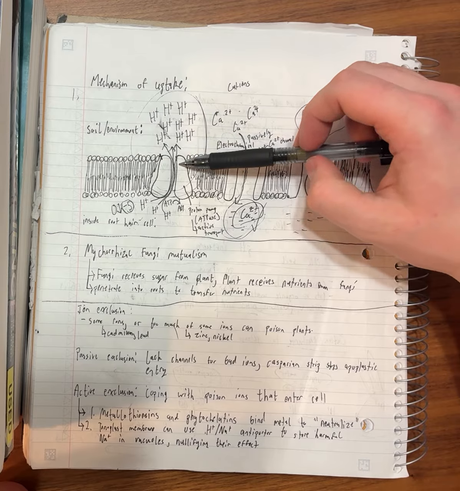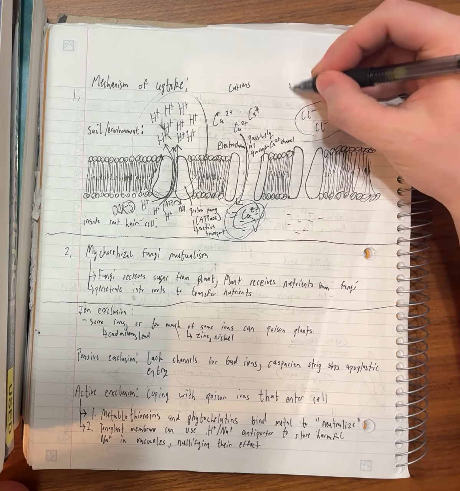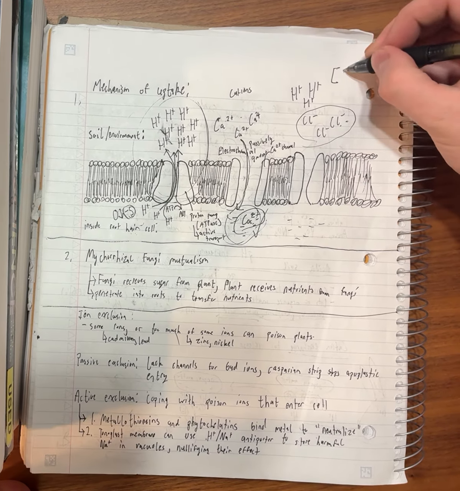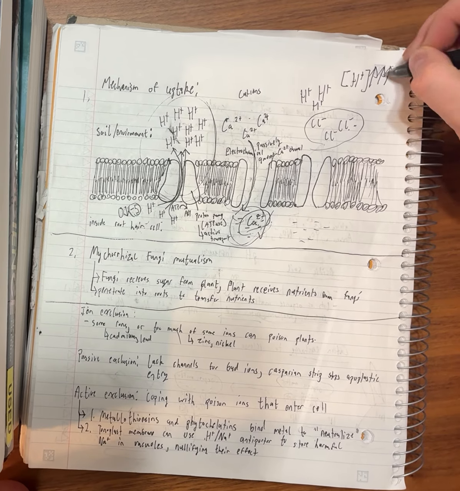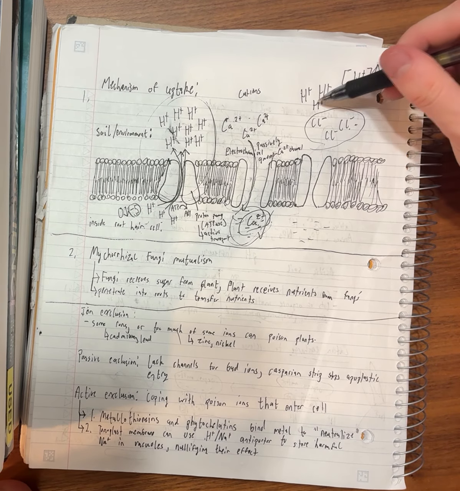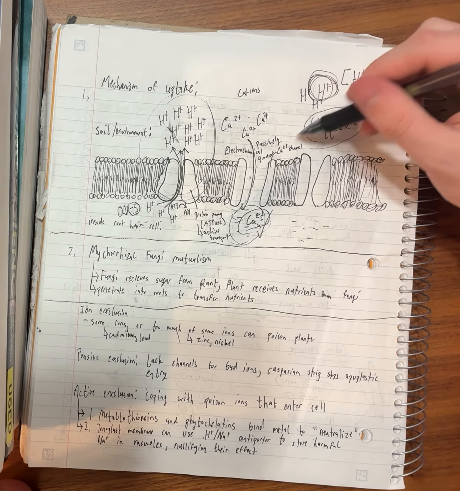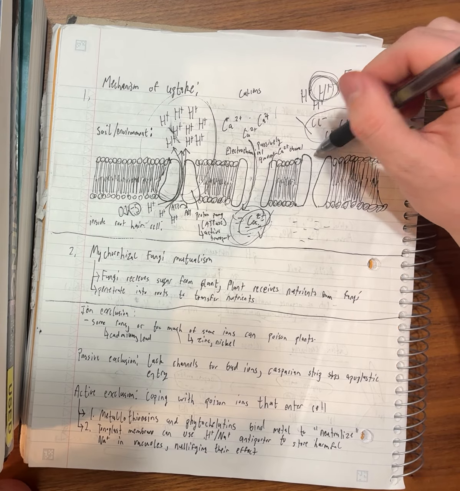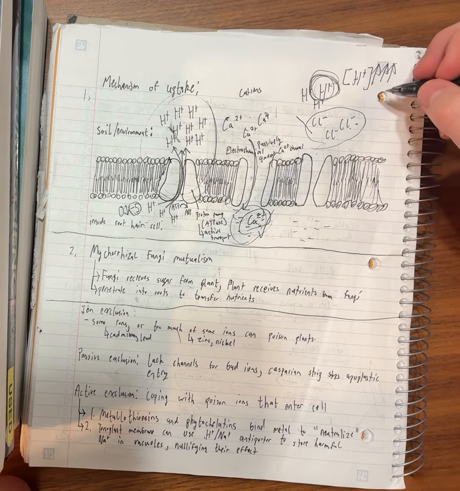So this proton pump created this electrical gradient and made the inside negative, but we also have a super high concentration of protons outside the cell now. It's very, very high. So these protons outside the cell really, really want to flow back into the cell very badly.